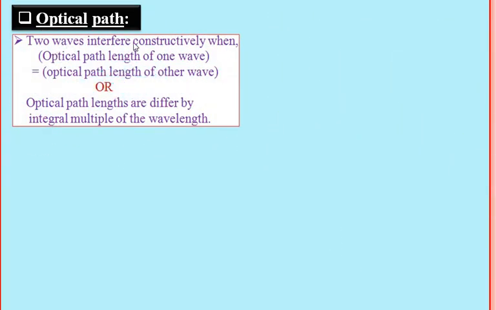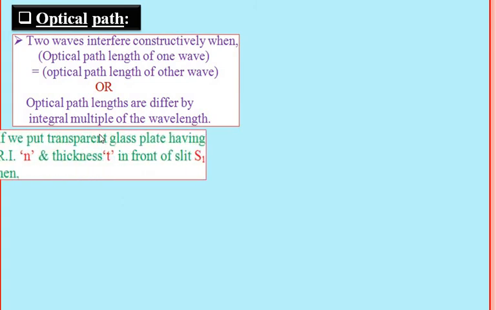Two waves interfere constructively when the optical path length of one wave is equal to the optical path length of the other wave, or the optical path lengths differ by an integral multiple of the wavelength.